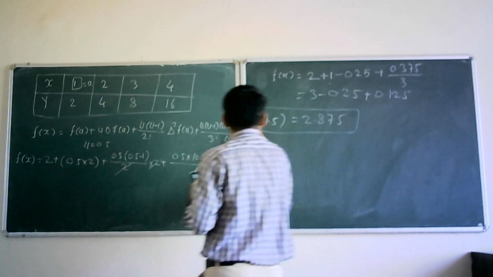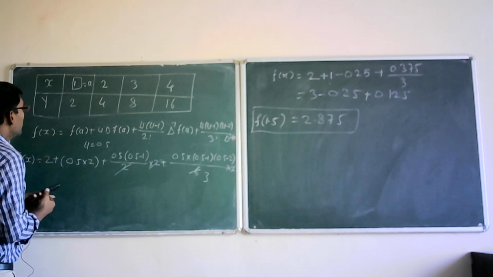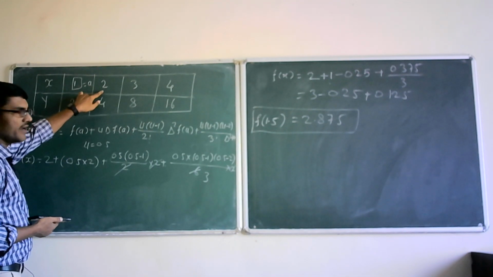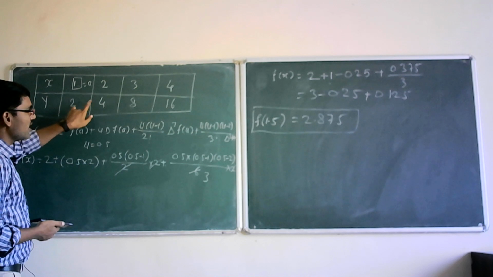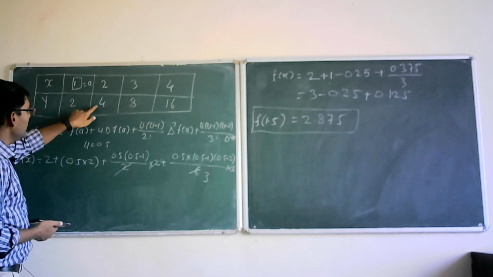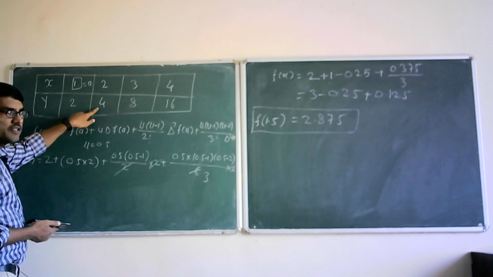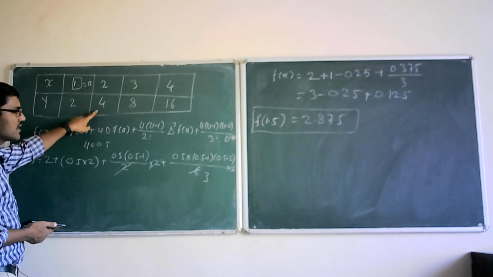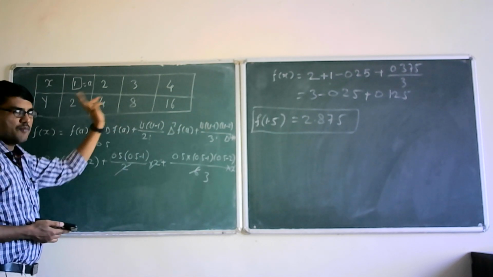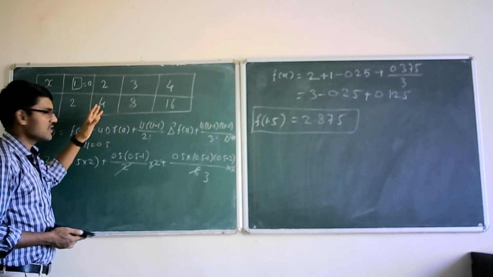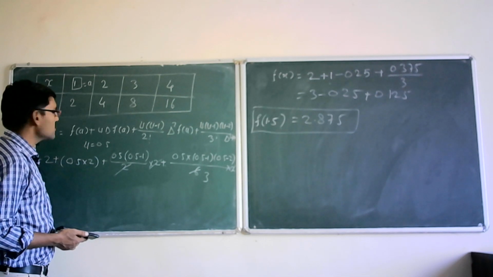If you observe, 1.5 lies between 1 and 2, and our f of x also lies between 2 and 4. This way you can check whether your answer is correct or not. Suppose it is above 4, then your answer will be wrong. If it is below 2, then the answer will be wrong. Why?